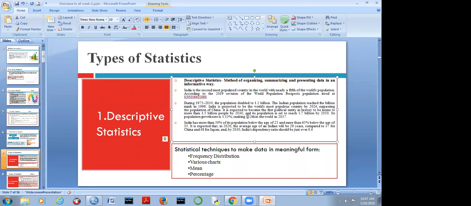We can predict there should be 1.5 billion people by 2030, and the population would reach 1.7 billion by 2050. Its population growth rate is 1.13%, ranking 112th in the world in 2017.